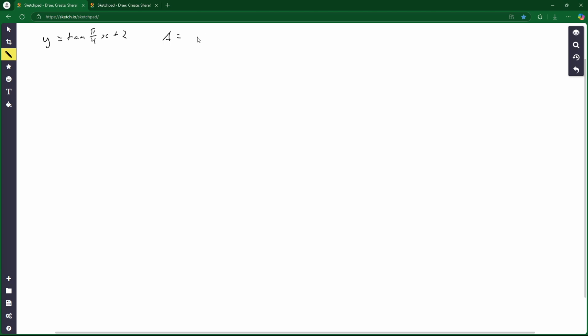The number in the front doesn't really matter, but we know that's going to be positive, so it's going to be going this way rather than like that. So b is going to equal pi over 4, and then we are also going to move up 2, so our d is equal to 2, up.